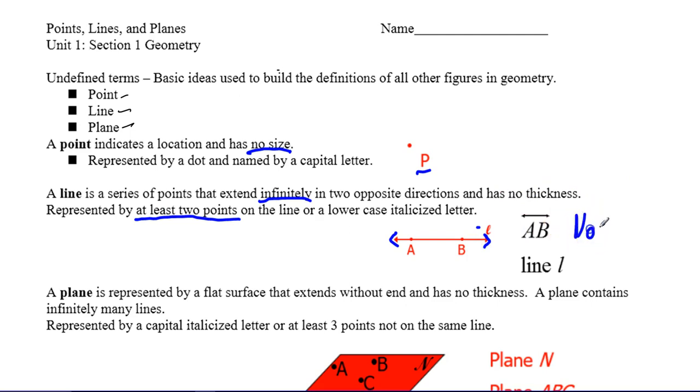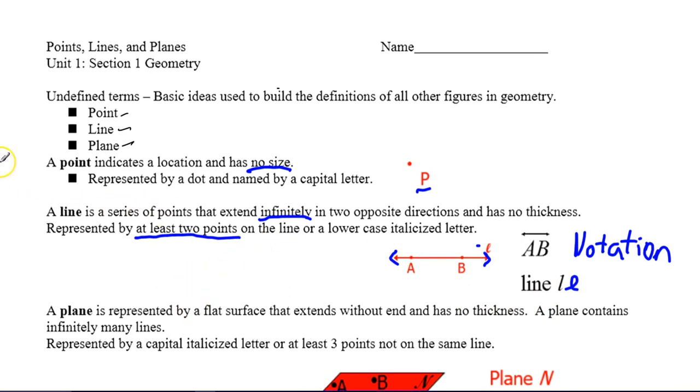I'm going to figure this penmanship stuff out. I'm using a little tablet here, so I'll get better at it as we go. That's a notation. So we have two capital letters, line, and notice the arrows on both sides. Or we could write the word line with a lowercase l here. And very often, so we don't confuse it with the number 1, we do a cursive lowercase l, which is written kind of like that.